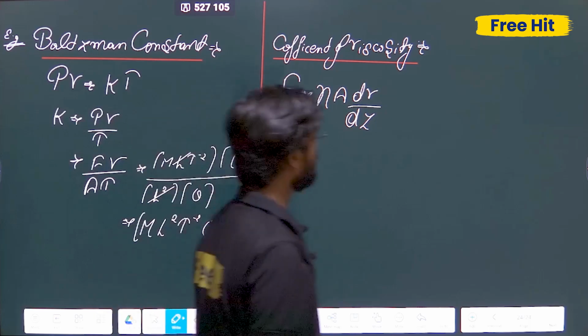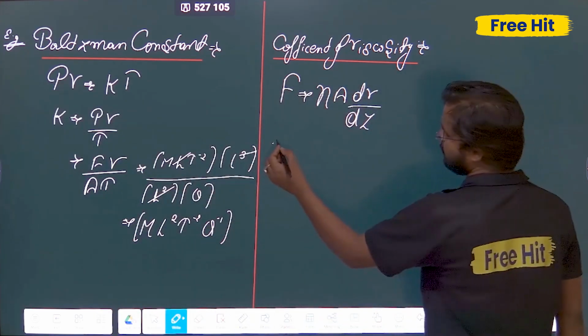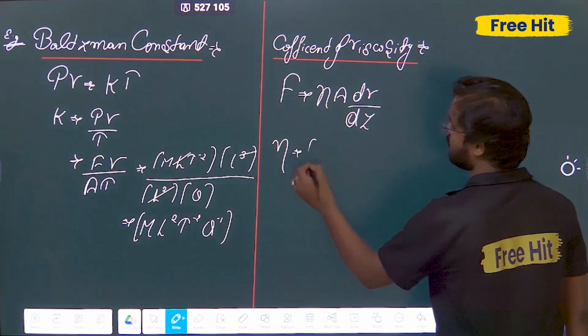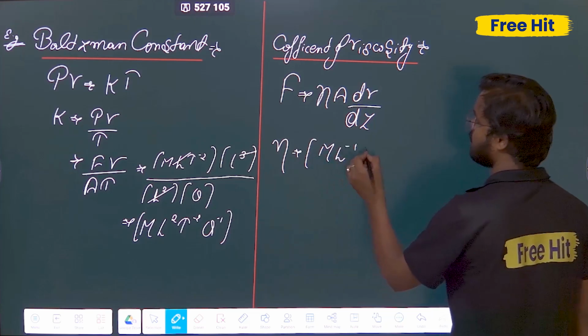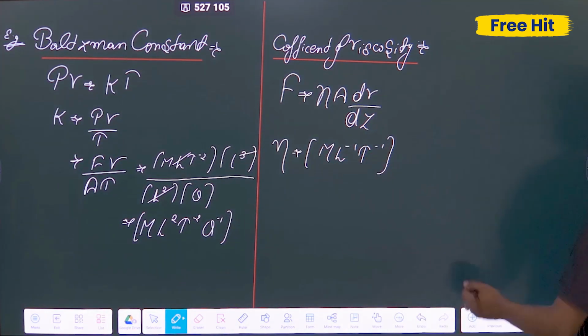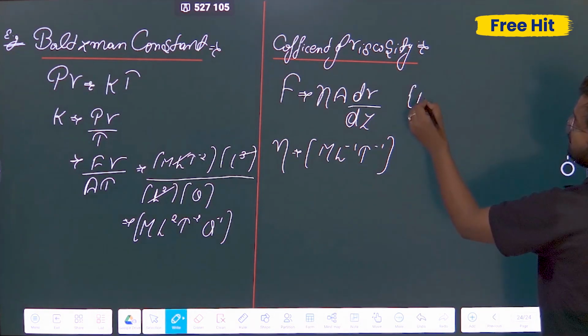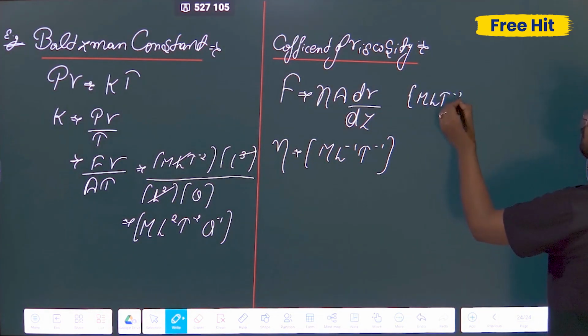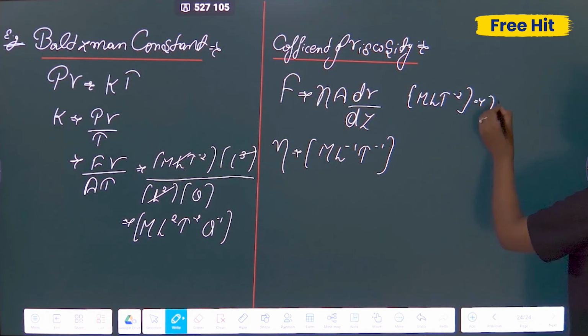So what is the value you will get? If you have solved it, then eta will be equal to M L^-1 T^-1. That is the dimension of eta. It's very simple. What is the dimension of force? M L T^-2. What is the dimension of area?